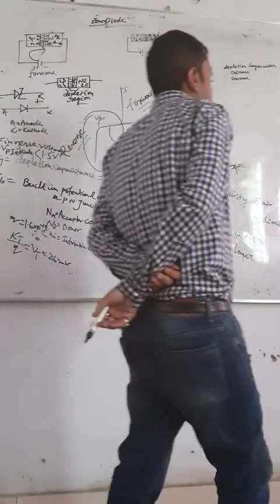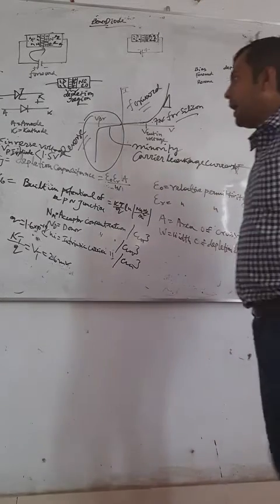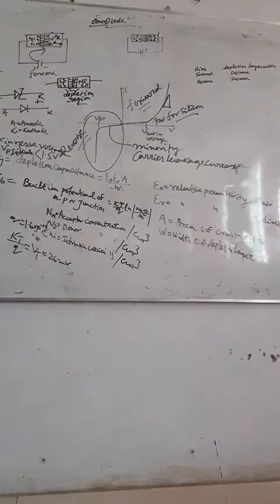Because an ordinary diode has a peak inverse voltage of less than 1.5 volt, whereas the PIV of a Zener diode is 1.8 volt to 2000 volt.